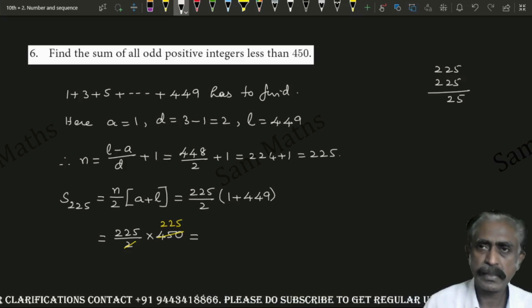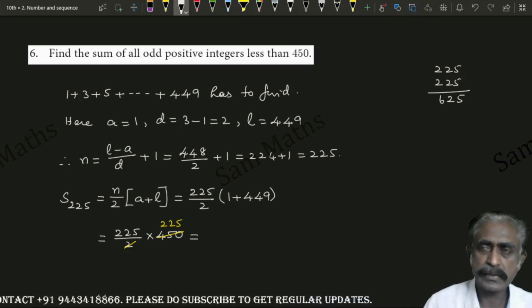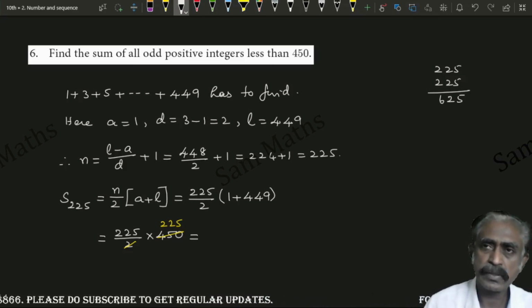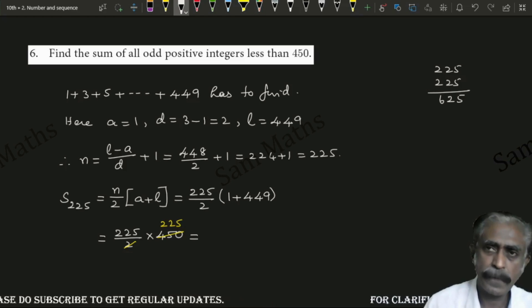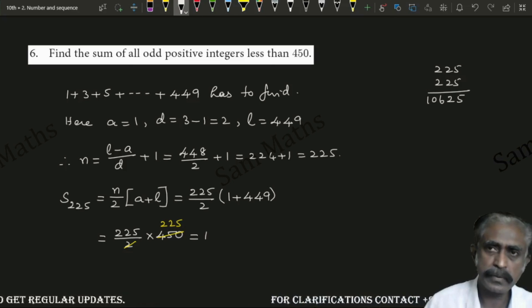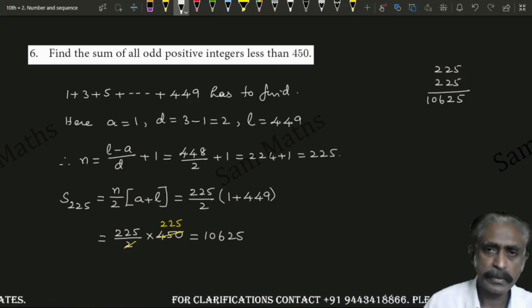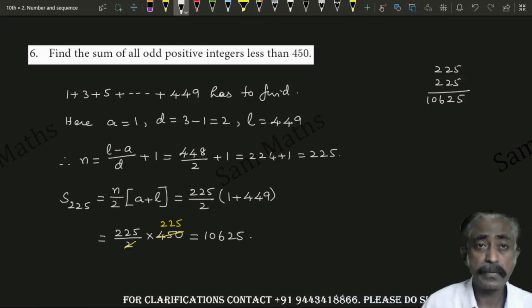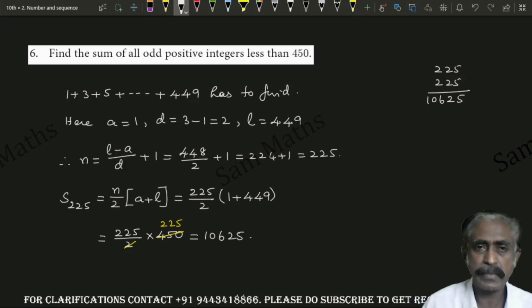Then 2 5s are 10, 2 5s are 10, 20, 24, it's 26. 2 balance, it's 4, this also 4, 8, 10. So, therefore, we are getting this is equal to 10,625. This is the required answer, the sum of all odd positive integers less than 450.